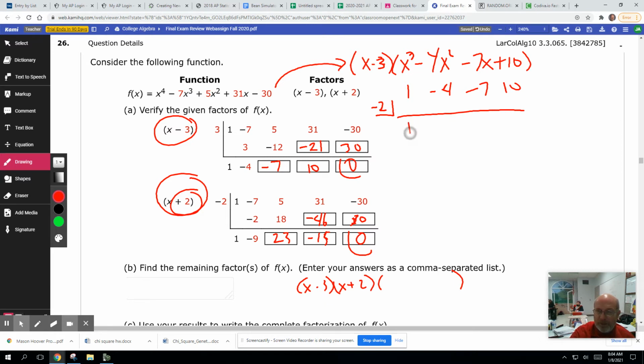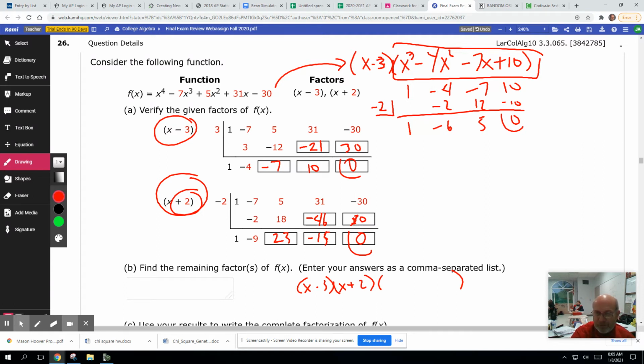I'm going to bring the 1 down, multiply by -2, add this column, get -6, multiply by -2 and get +12, add this column to get 5, multiply that times -2 to get -10, and my remainder is 0. So this came from this cubic polynomial, which tells me I can write that as x plus 2, the factor I was dividing by, times x squared minus 6x plus 5.